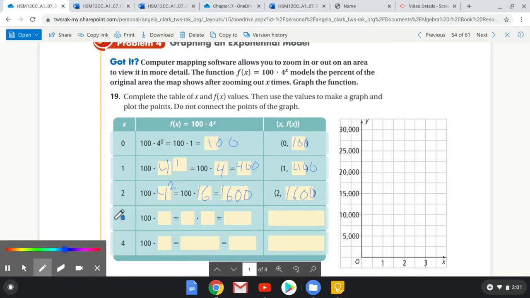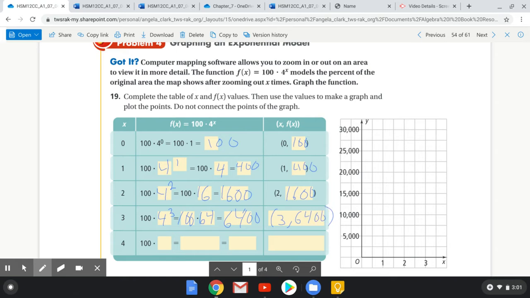And then when x is 3, we have 100 times 4 to the third power. 4 to the third power is 64. So we have 100 times 64, so that's 6,400. So our point is going to be 3 and 6,400.